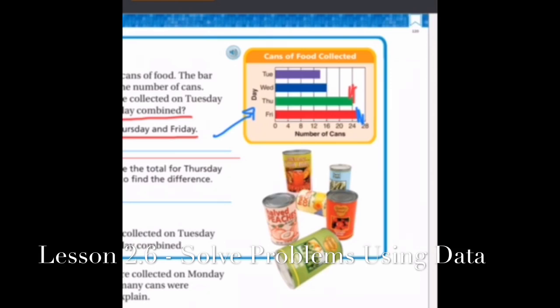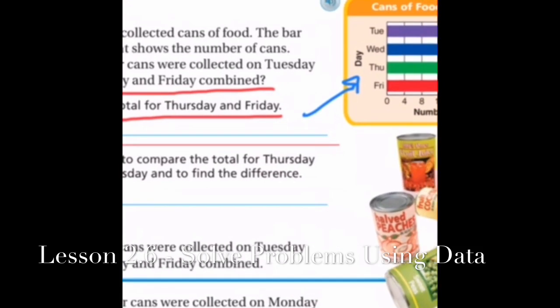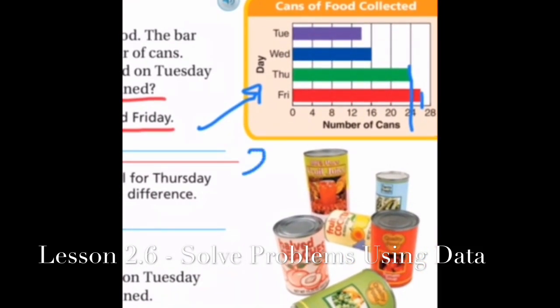So Thursday, if we go straight down, looks like 24. And Friday's halfway between 24 and 28, so that's going to be 26. So 24 plus 26. Now you can go ahead and do this on your own and then check back to see if your work matches up with mine.